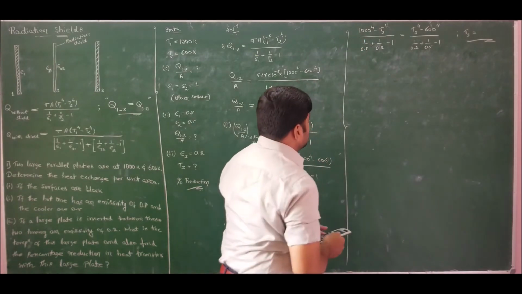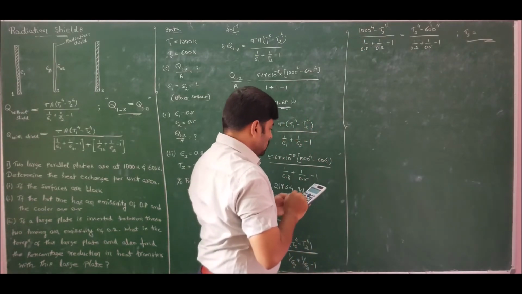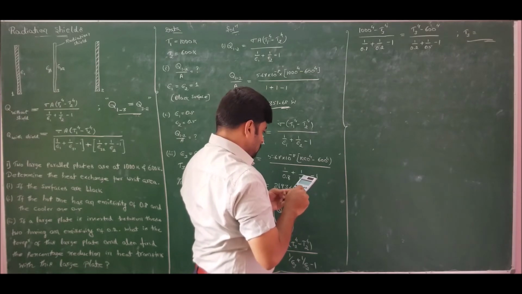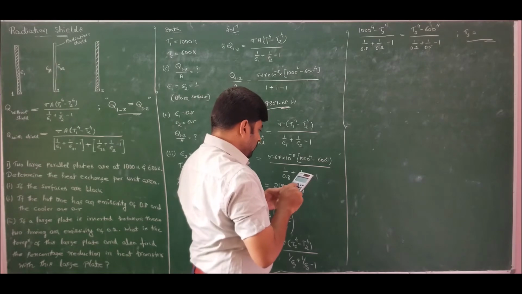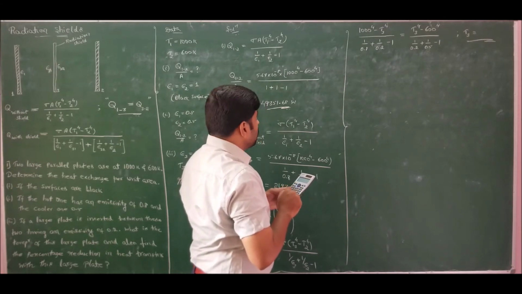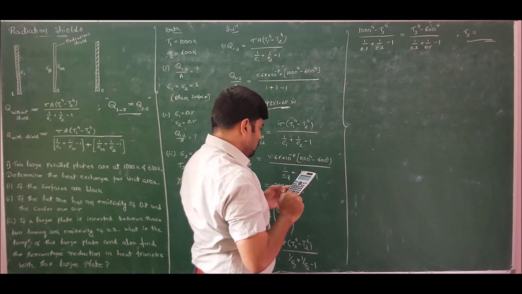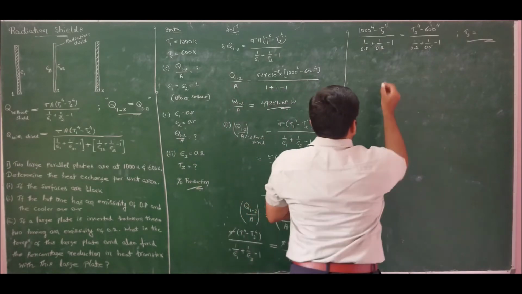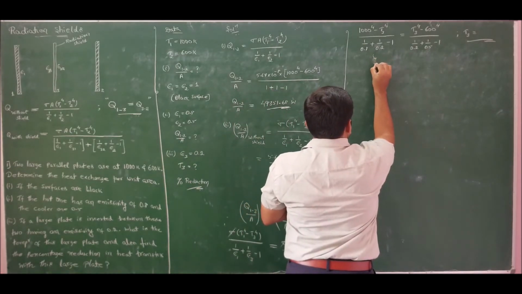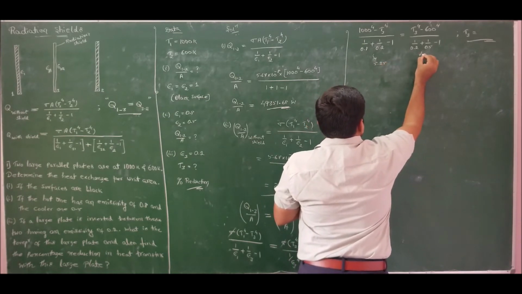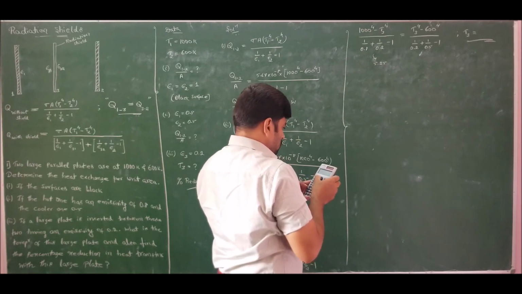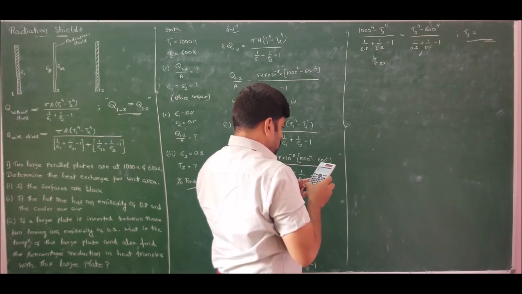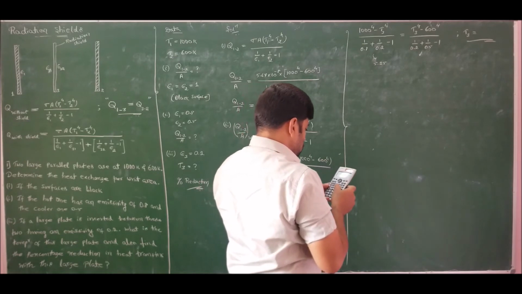So therefore, if I solve, I will get the value of T3. Let me solve the denominator first. 1 by 0.8 plus 1 by 0.2 minus 1 is turning out to be 5.25, and the other denominator is turning out to be 6.